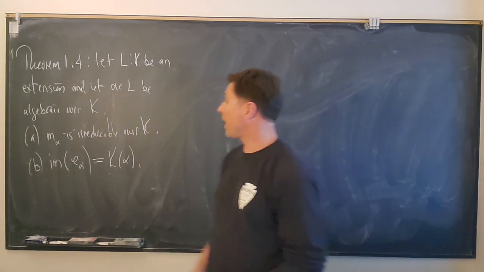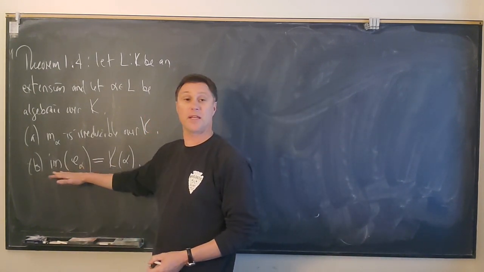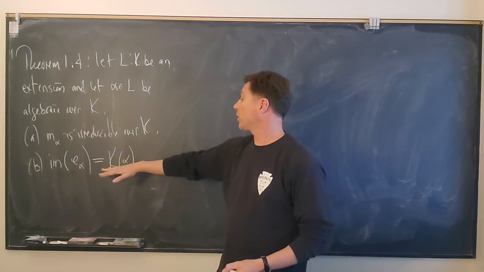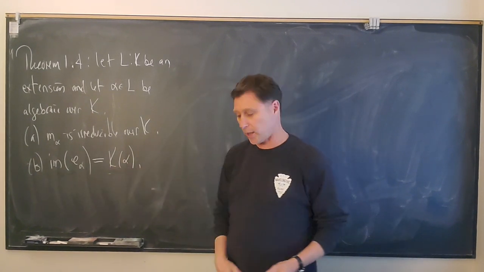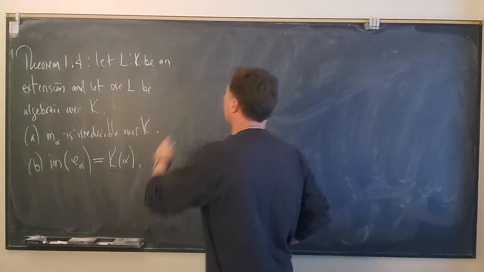And so then by understanding what the elements of the image of E sub alpha look like, that's going to tell us what the elements of K adjoin alpha look like. Okay, so proof, first we'll do part A.